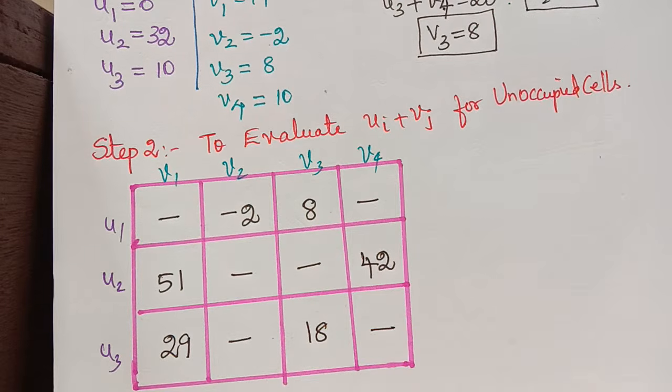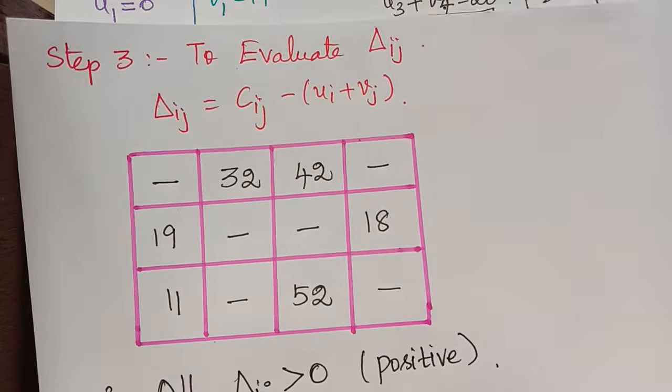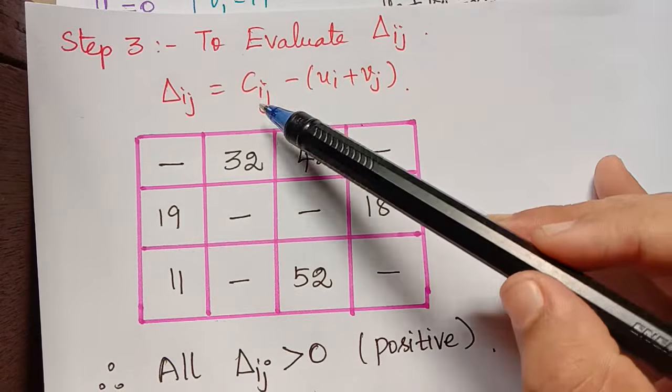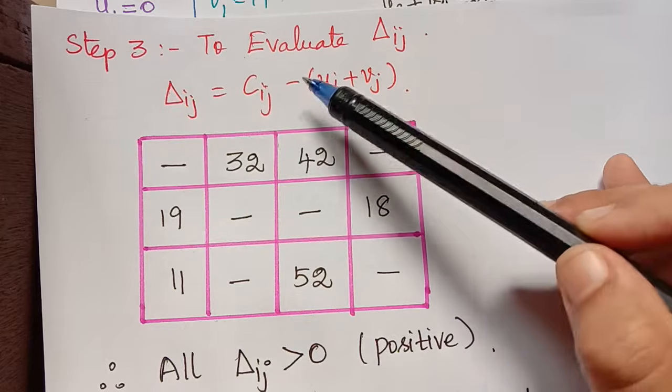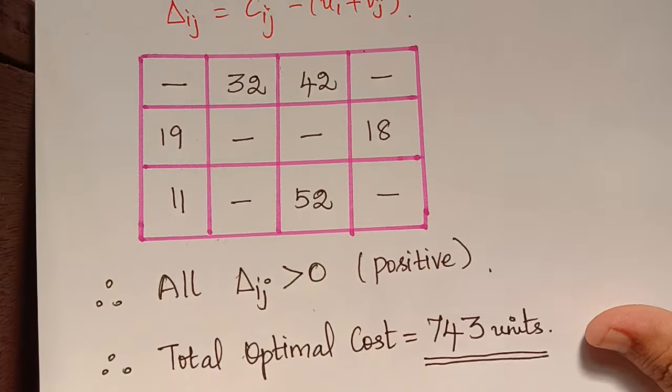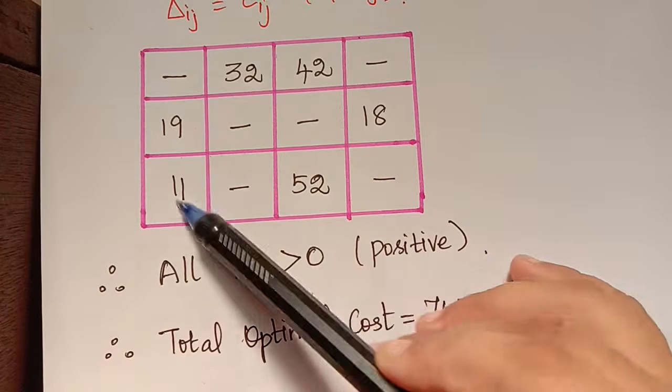After finding this, the third step will be to evaluate del ij by using the formula del ij equal to cij minus (ui plus vj), which I have already explained to you. Using that we have evaluated the new del ij values.